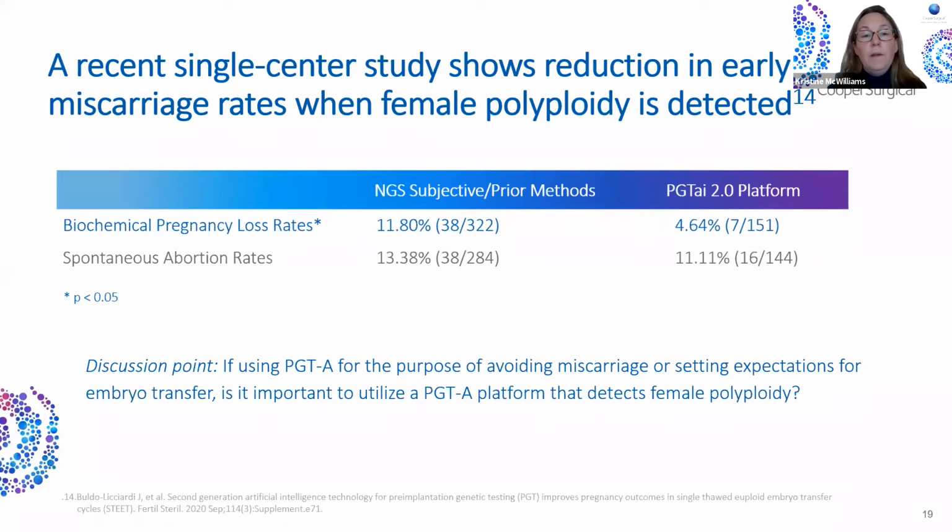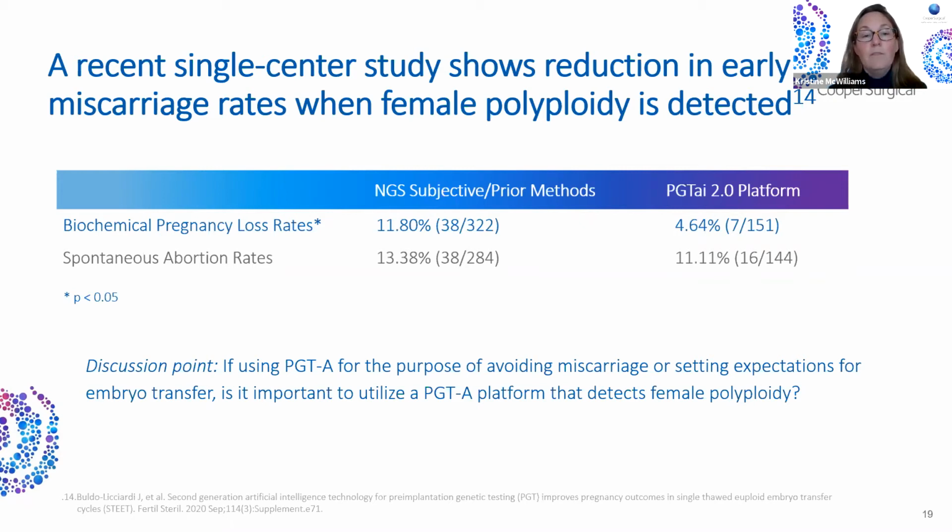And NYU, in their analysis, found that, again, not shown here, there was some improvement in live birth rates, but focusing specifically on miscarriage, there was a significant reduction in miscarriage utilizing the newer form of PGTai versus older versions of NGS.